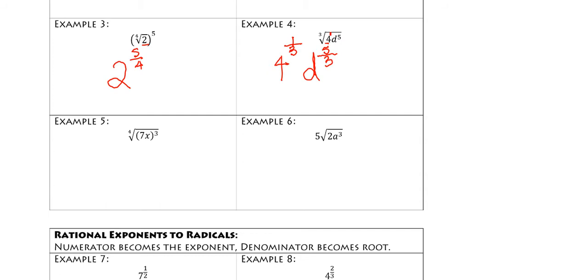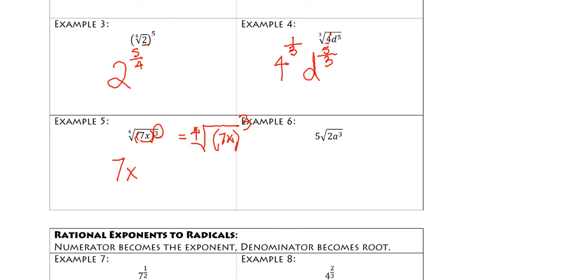Example 5, our base is 7x. And since this whole thing is being raised to the 3rd power, you could write that as the 4th root of 7x, all raised to the 3rd.